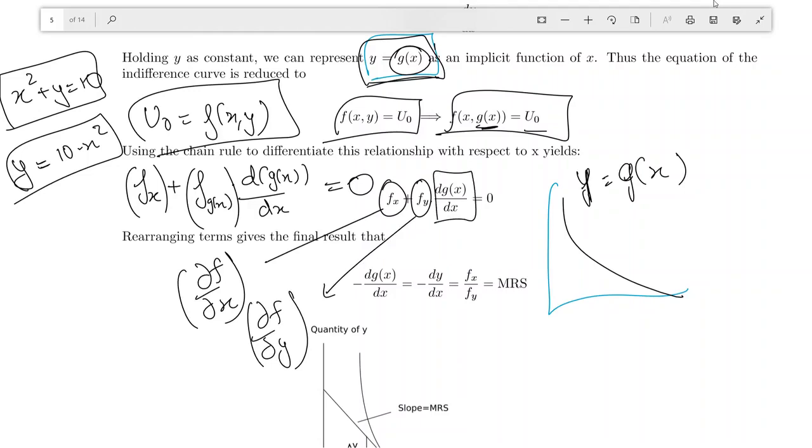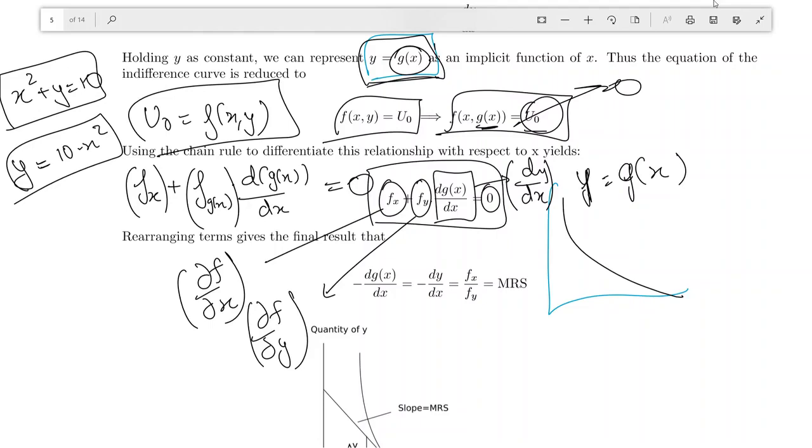And this thing is dg(x) by dx, and again because g(x) is y, this thing is dy by dx. And since u naught was a constant, if you differentiate it, it dies. So u naught is gone. We're left with this equation.